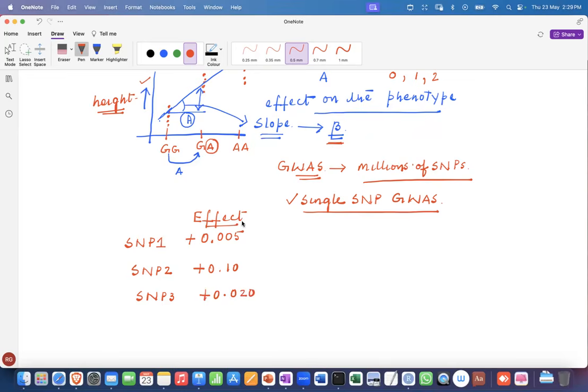See, the most important thing, the next column. We are not satisfied simply by looking at the effects, guys. There has to be a probability attached to it. This probability will tell us how significantly this particular SNP is affecting the phenotype.